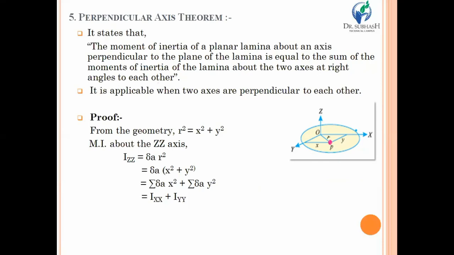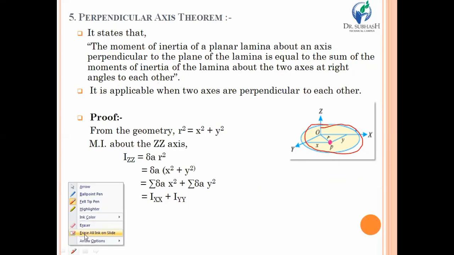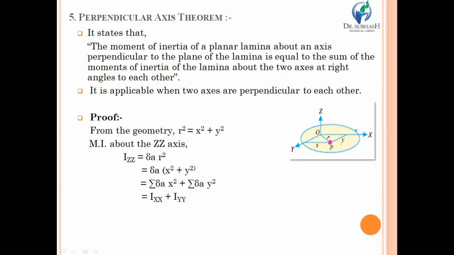In short, suppose this is a lamina, and you require to calculate the moment of inertia about an axis which is perpendicular to both axes of the lamina. That means this axis becomes perpendicular to this x-axis and this y-axis too.